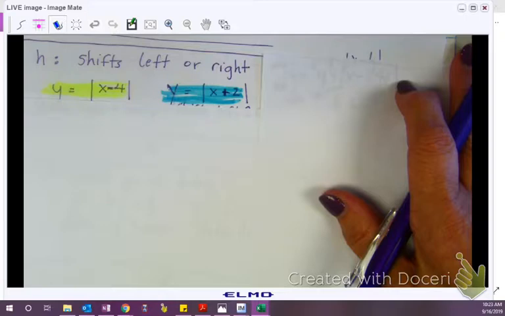The two, so you know which one is which. The x minus 4 graph moves right, and x plus 2 graph moves left.